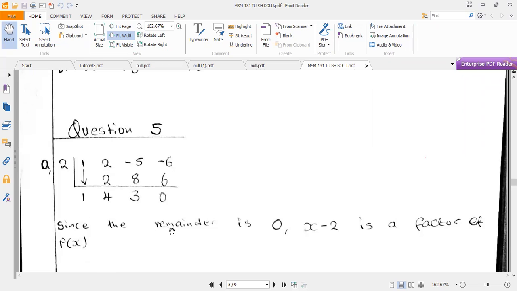So since the remainder is 0, as we can see from there, then x minus 2 is a factor of Px. So if it gives you a remainder of 0, then it is a factor. But if it doesn't give you a remainder of 0, if it gives you a certain number other than 0, then it's not a factor of that equation. So since the remainder is 0, then x minus 2 is a factor of Px.